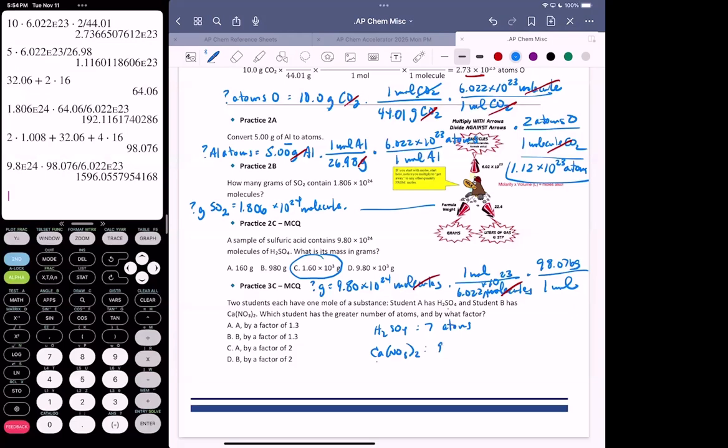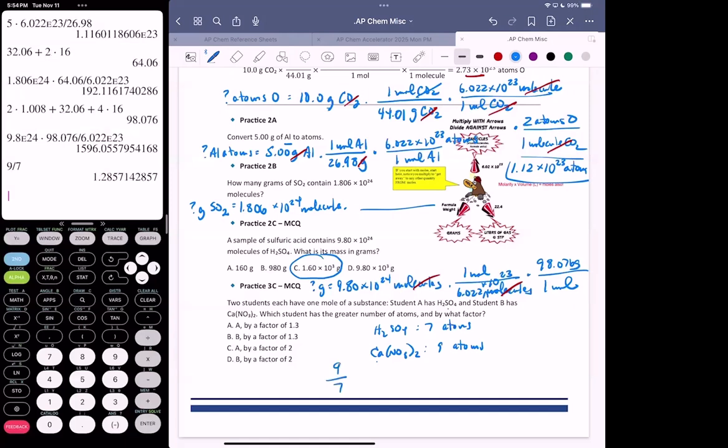So since they each have a mole of molecules, calcium nitrate has more atoms in a mole. So I would say calcium nitrate is B by a factor of 9 divided by 7, about 1.3.